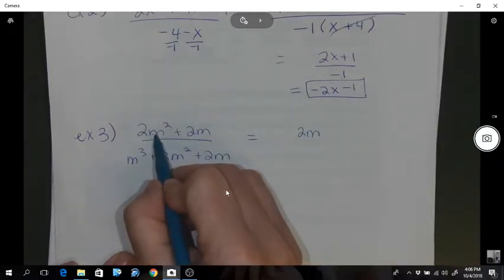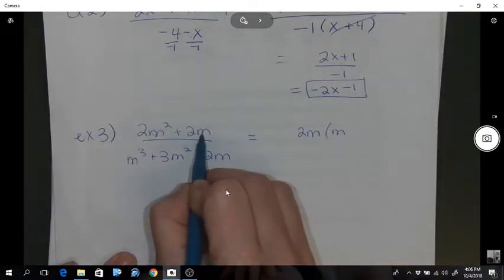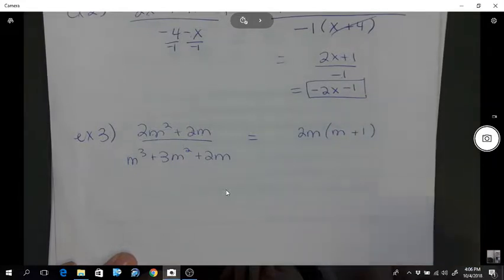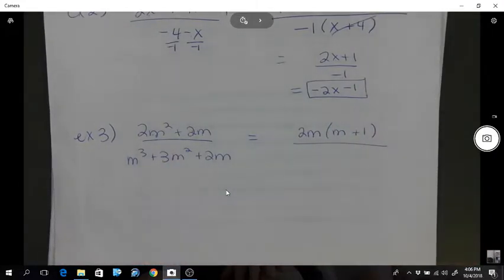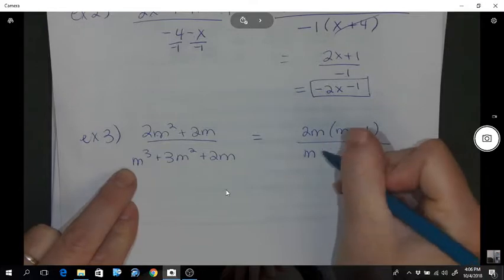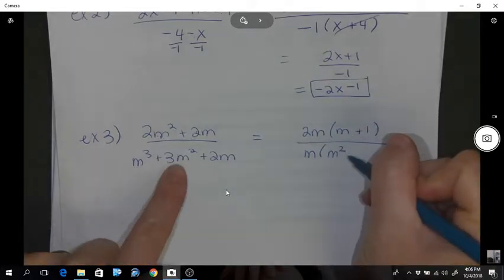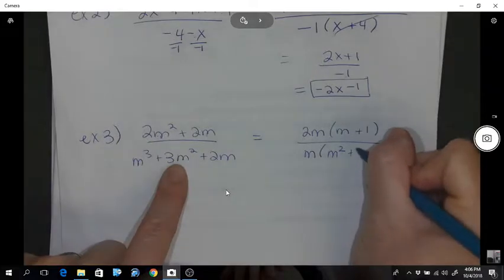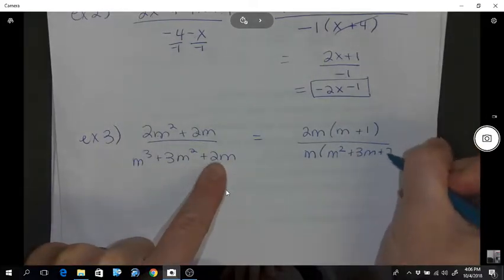If I divide a 2m out, I have an m left. If I divide this by 2m, I have a plus 1. In the denominator, I also see a GCF. I can see an m in every single term. So I'm going to take an m out. Divide by m is m squared. Divide by m is 3m. Divide by m is a plus 2.